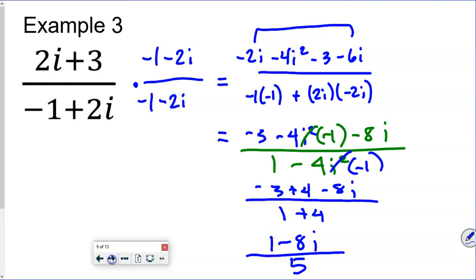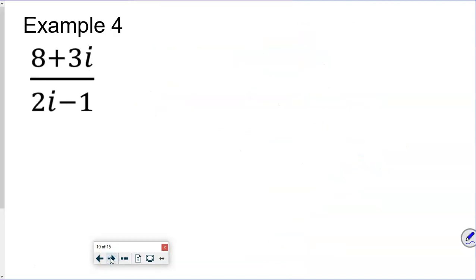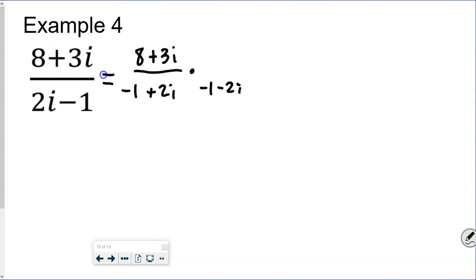We've got one more example, and then y'all are going to work some. So notice with this one, it is not written in standard form. So I'm going to actually write this in standard form first in the denominator, just so I don't make a mistake. So this is going to be minus 1 plus 2i, which means when I multiply it, it's going to be minus 1 minus 2i over minus 1 minus 2i.